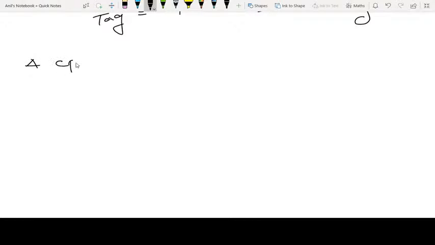A CPU uses 32-bit addresses. Any doubts in this? If you can ask me, so that I'll be able to answer your doubts, and then proceed to the Gate questions. A CPU uses 32-bit addresses.